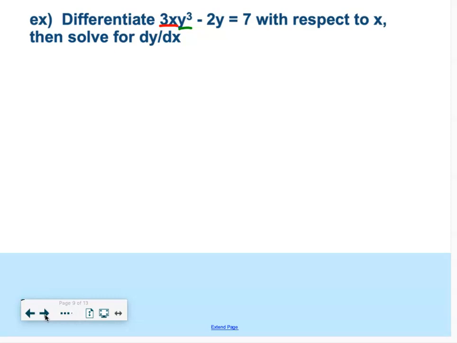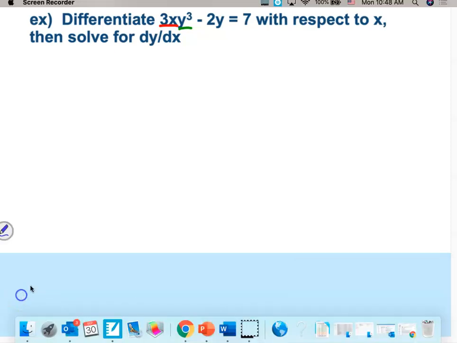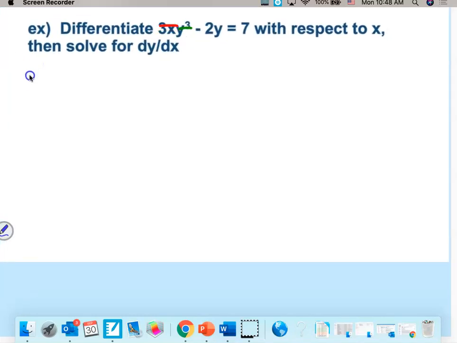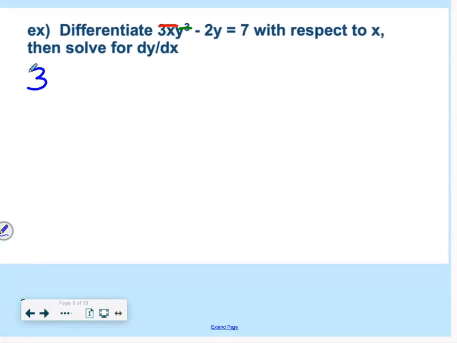Oh, why was it there? Okay. Oh, yeah. It's just wrong. All right. Oh, it really wasn't that bad. You did your y first. Yeah, we're doing bottom right. What's the derivative of 3x? 3. Okay, whoops. Good.